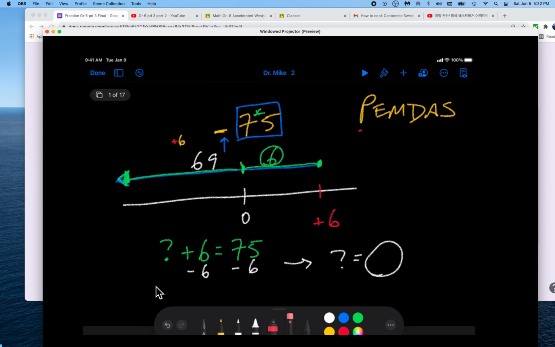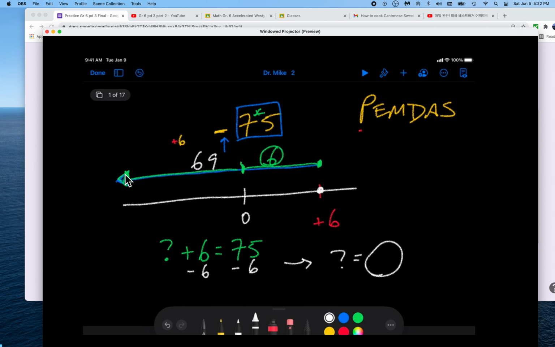Okay, so let's review what we did. We started out at plus 6. Once we had our starting point, we forgot about that plus 6. We shrunk it down. We looked at this sign, saw that it was negative. That tells us we're going to be moving in this direction.